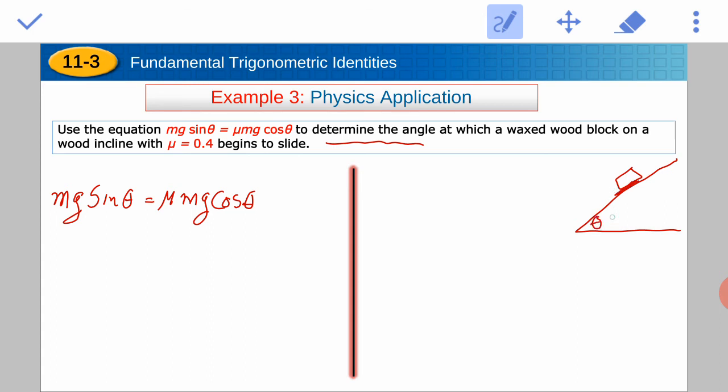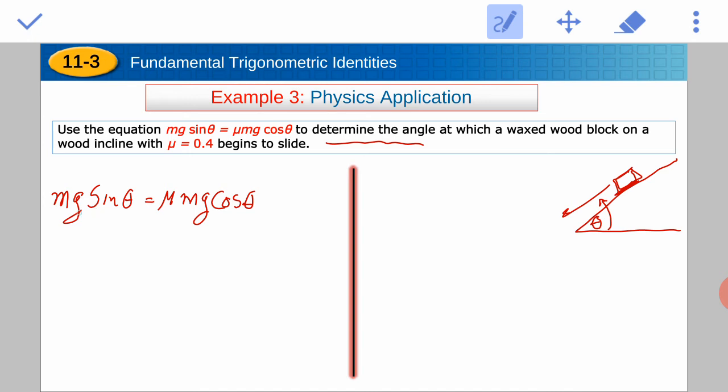But when you increase the angle theta, at a particular value of theta this piece of wood is going to start slipping down, going to move. And our job is to figure out this value of theta with mu equals 0.4, when the friction factor is equal to 0.4.